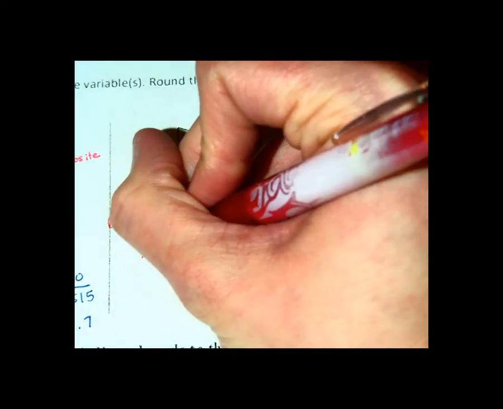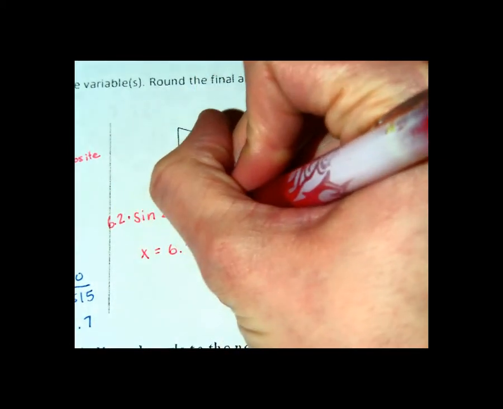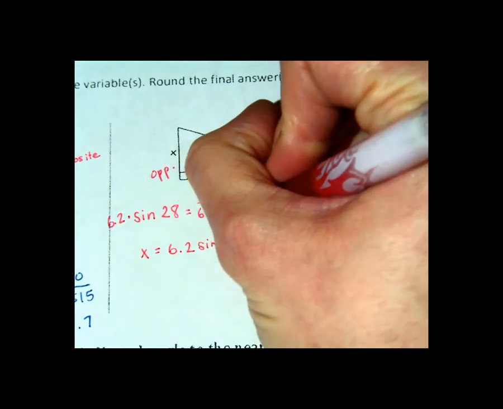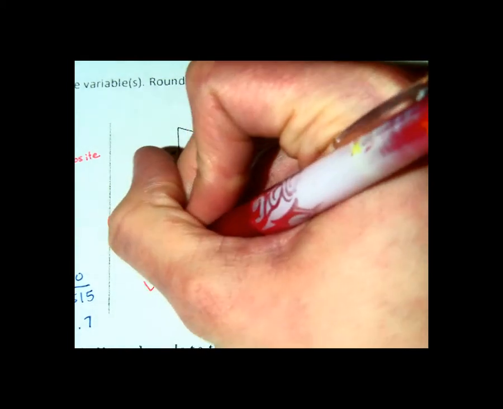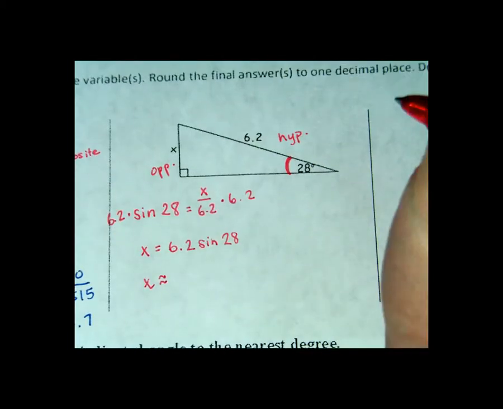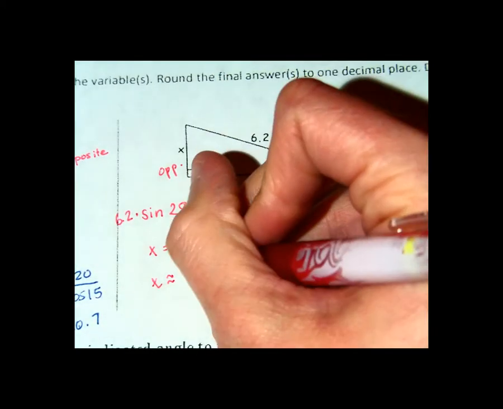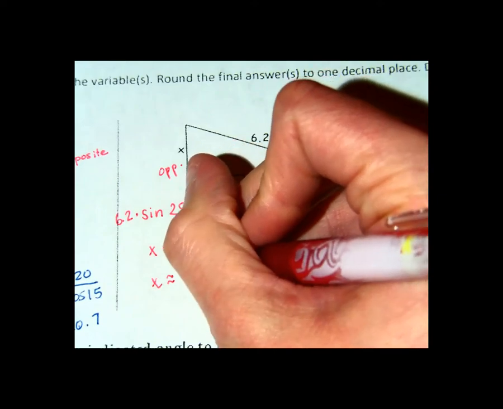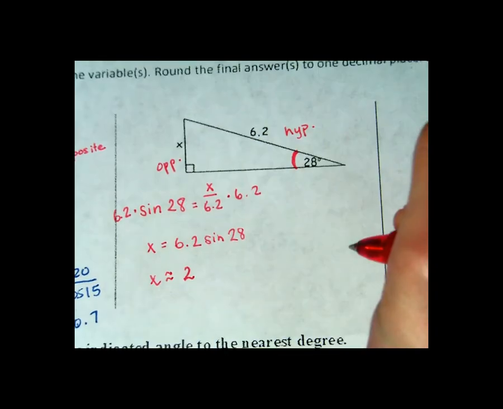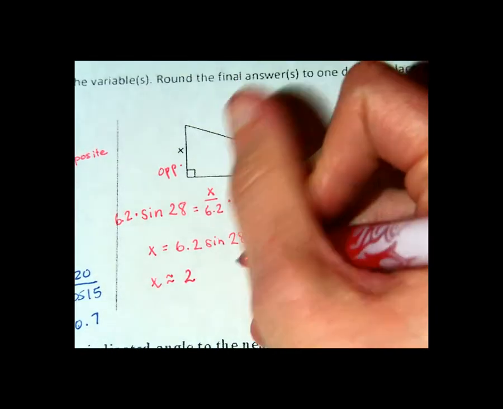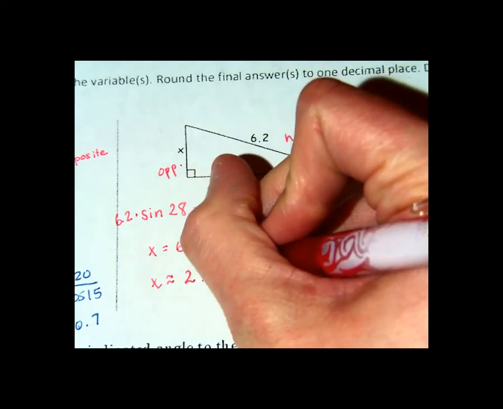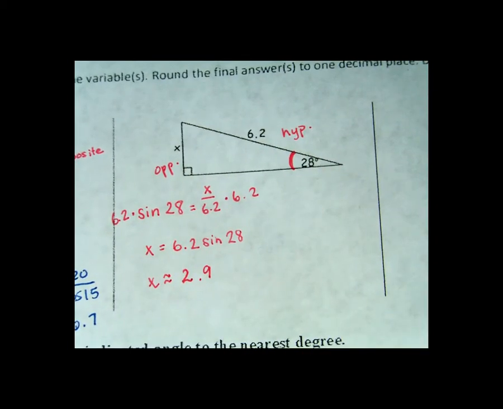So in your calculator, you're going to type in 6.2 times sine of 28 degrees and find out what you get. 2 point what? 2.9? Okay. I want you to do the next one where you have to find x and y.